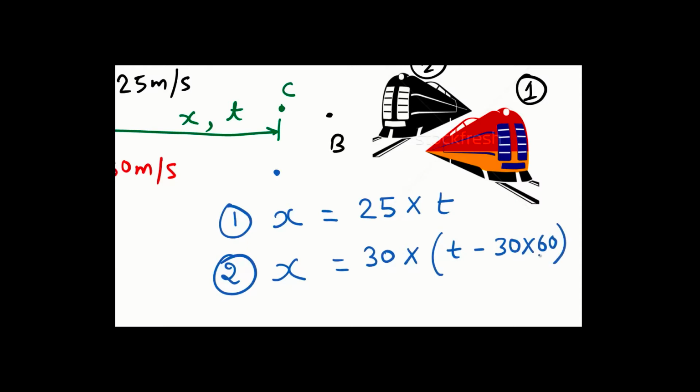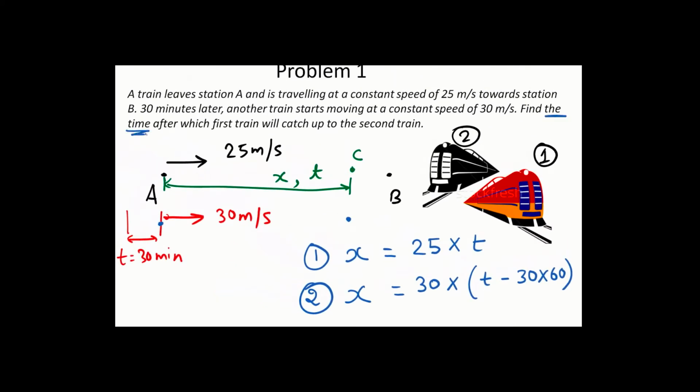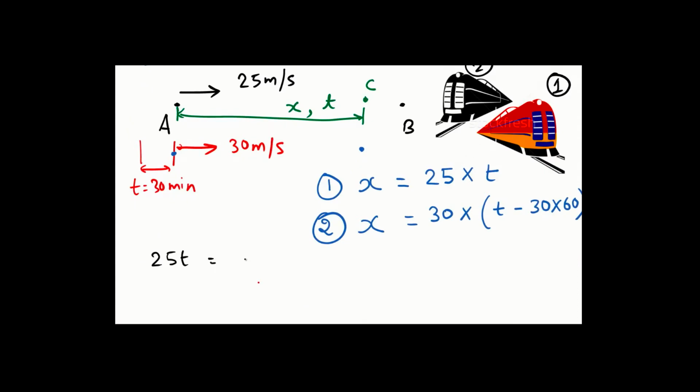Now, as we can see, we have two equations, 1 and 2, and two variables, x and t. Let's solve for them. What do we need to find? We need to find the time. So let's equate equation 1 and equation 2. If we equate them, we get 25t equals 30 into (t minus 6 into 3, 18, 2 zeros). So this makes 25t equals 30t minus 30 into 1800.